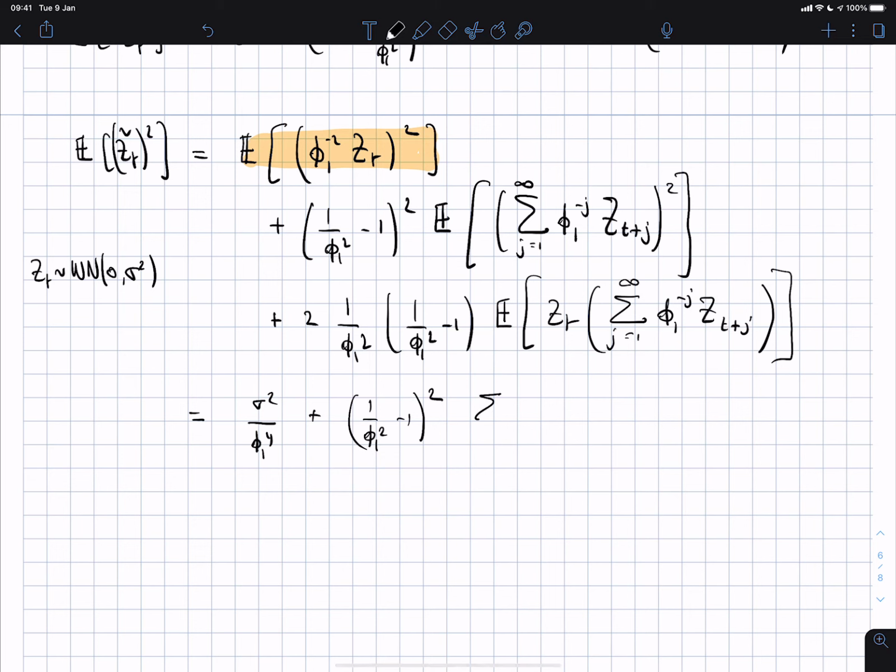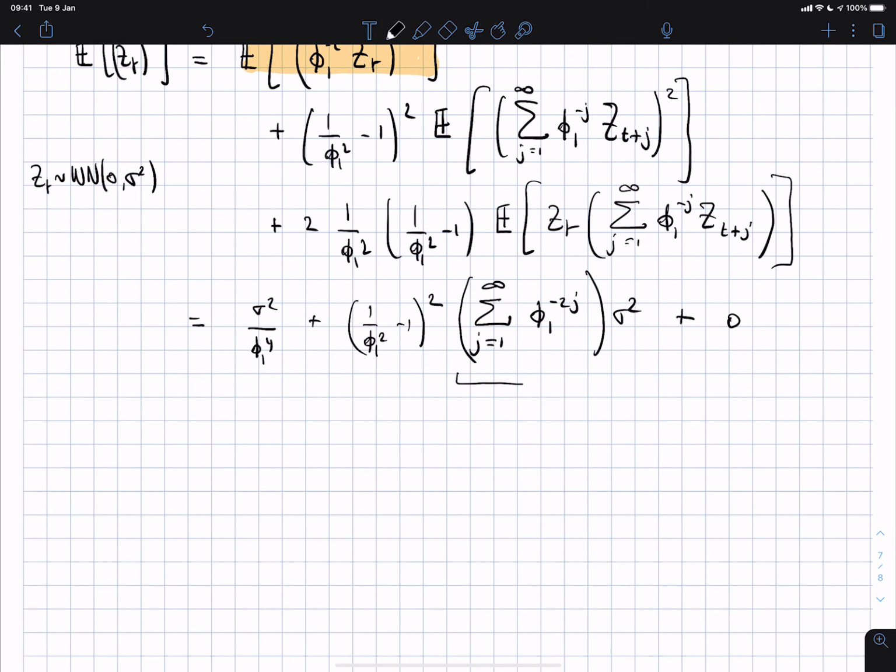So I'm left with the sum for j going from 1 to infinity of phi 1 to the power minus 2j times sigma squared, and plus what? Well, here I have z_t, and all these are dependent on the future, so all these guys are uncorrelated with this guy, so this gives me 0.